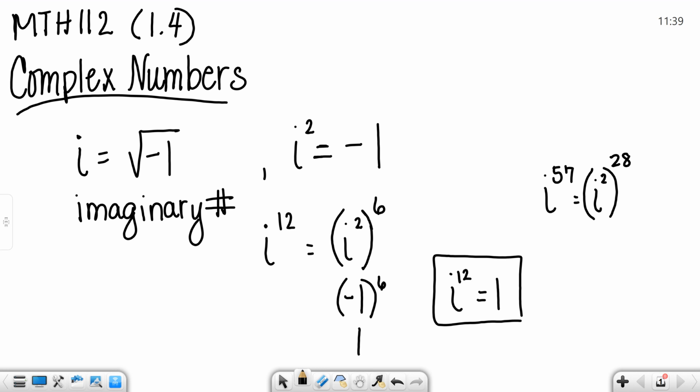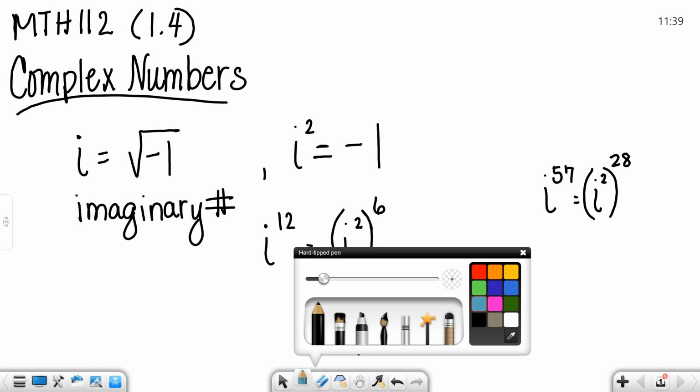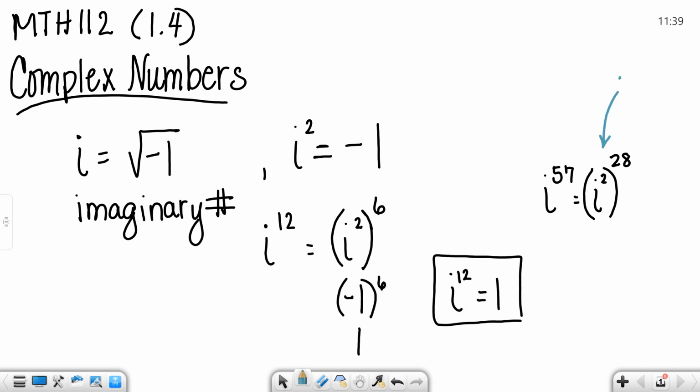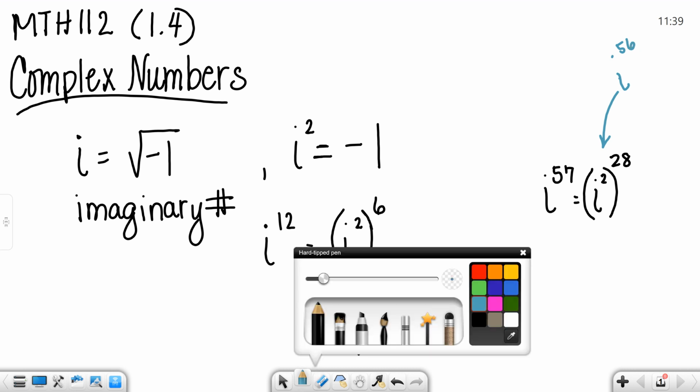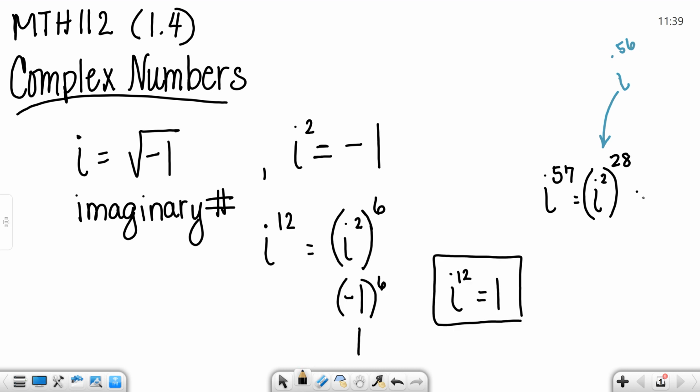But not evenly, because that only gives me i to the, let me write it in a different color up here. All right, that is i to the 56, which is not enough. So that means I've got to take what I've got there and multiply it by one more i, because now that is the value of i to the 57th.